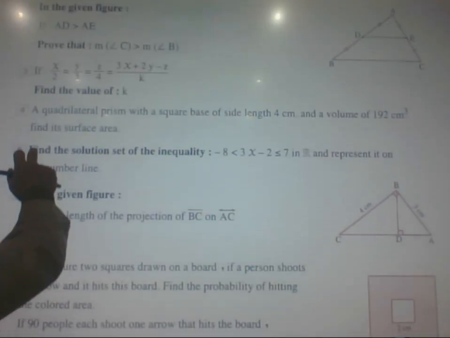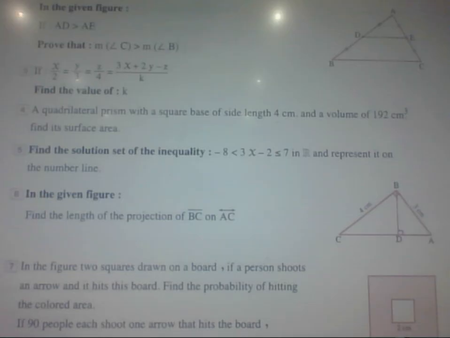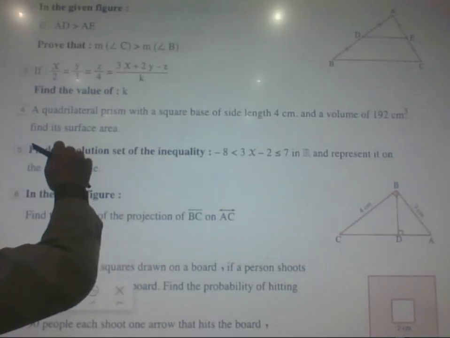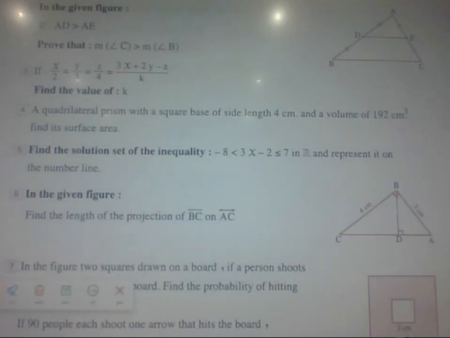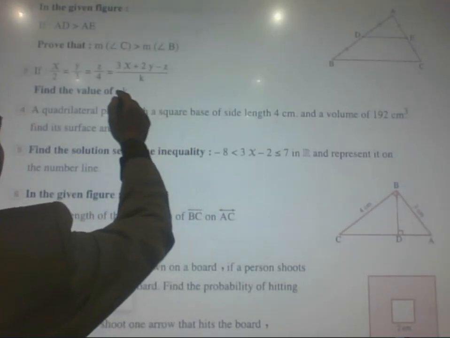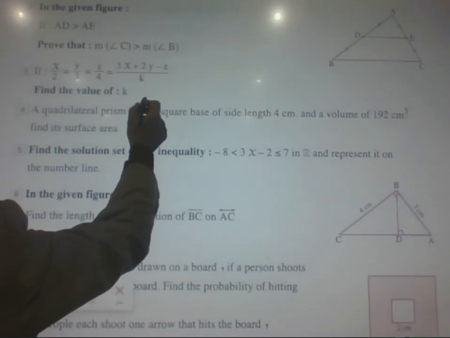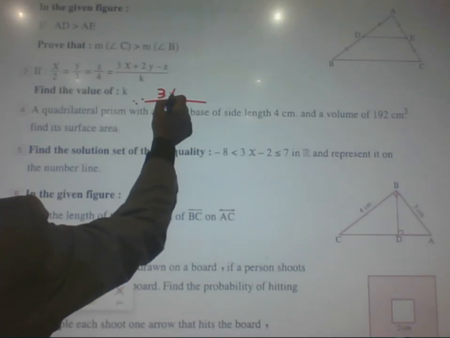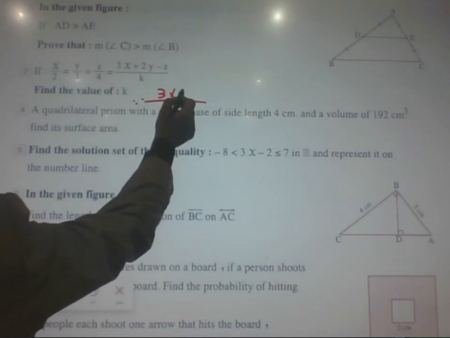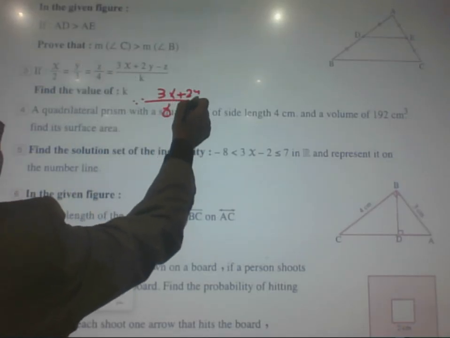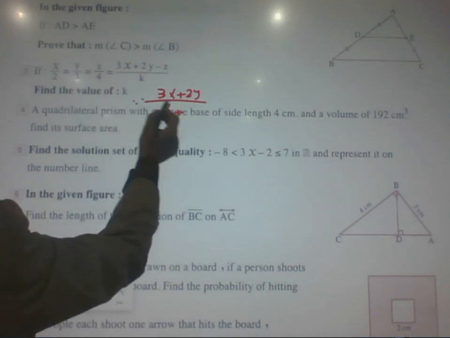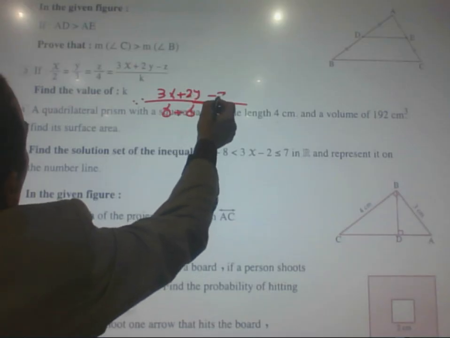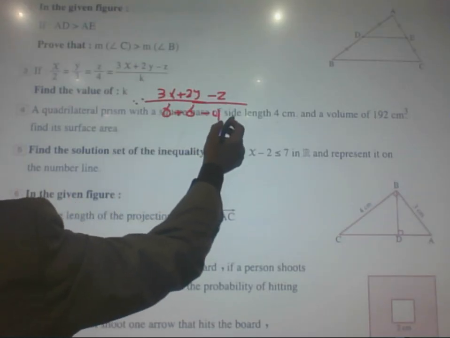Next question. If x over 2 equals y over 3 equals z over 4 equals the expression, we want to find the value of k. Okay. We will multiply the first ratio's numerator and denominator by 3, then we have 3x over 3 times 2 is 6, and then 2 times y, 2y, and down 2 times 3 equals 6, and complete with negative 1 times z, negative z, negative 1 times 4 is negative 4.